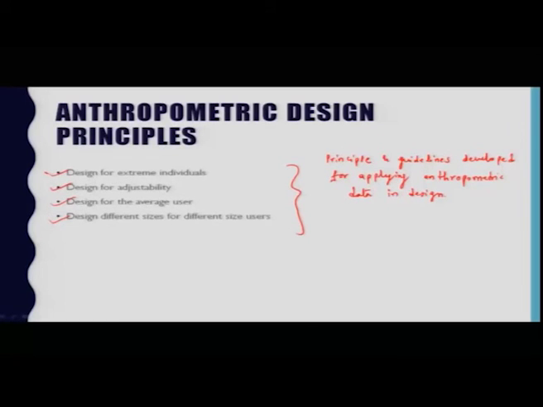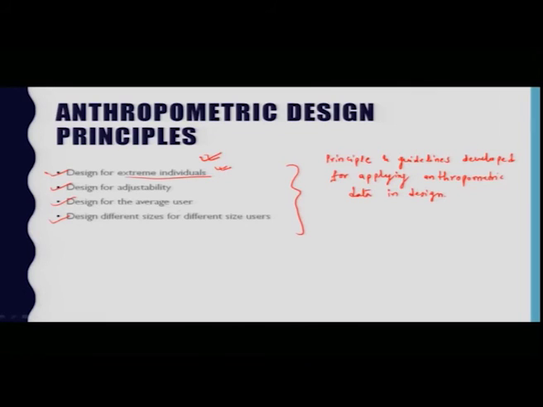That is why these 4 principles have been distinguished based on human size variability. Design for extreme individuals indicates that the height or measurement of the tallest person will surely be different from that of the smallest person in height. So, these are the extreme cases.